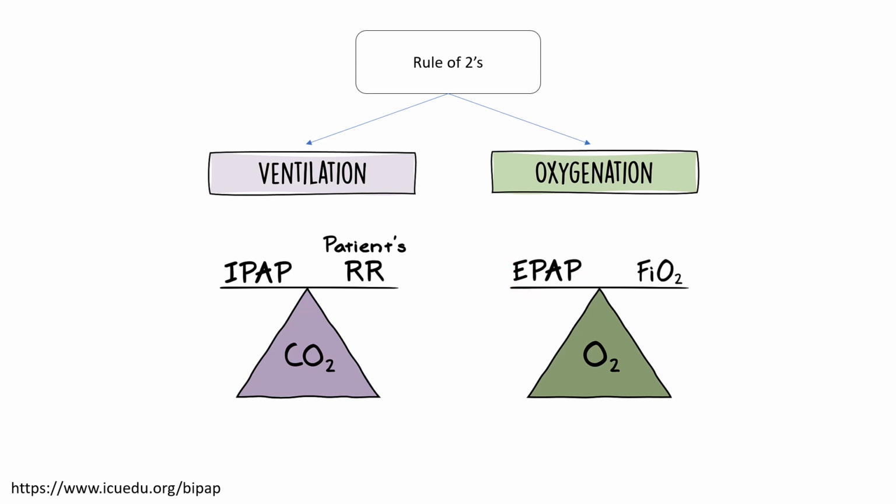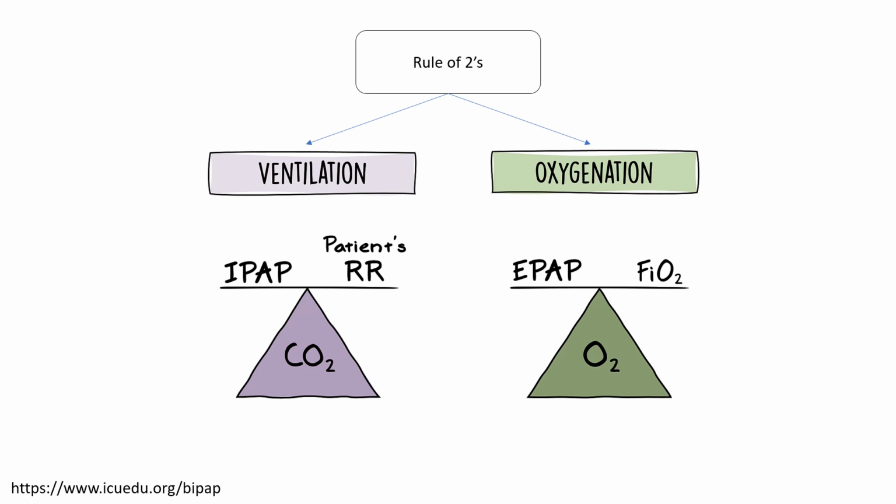If you have a patient who has a primary hypercapnic problem, like a ventilation problem, then you will increase your IPAP. Let's say you go from 10 up to 12. That means your delta is now 12 minus 5, which is 7. And so on, you can keep increasing your delta. Usually that's what you do in COPD patients.